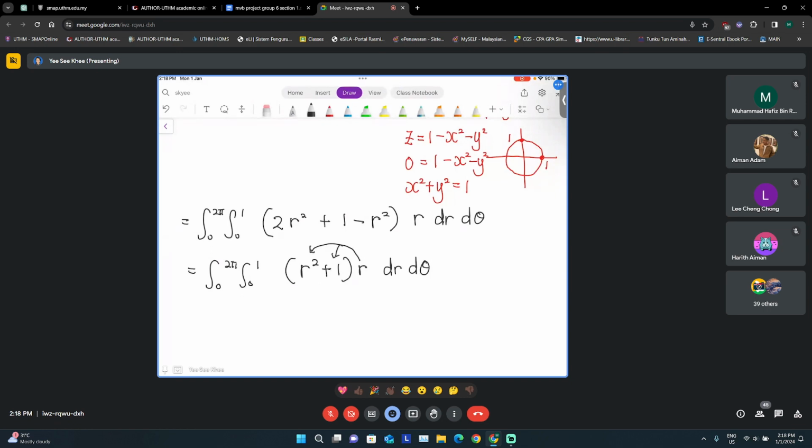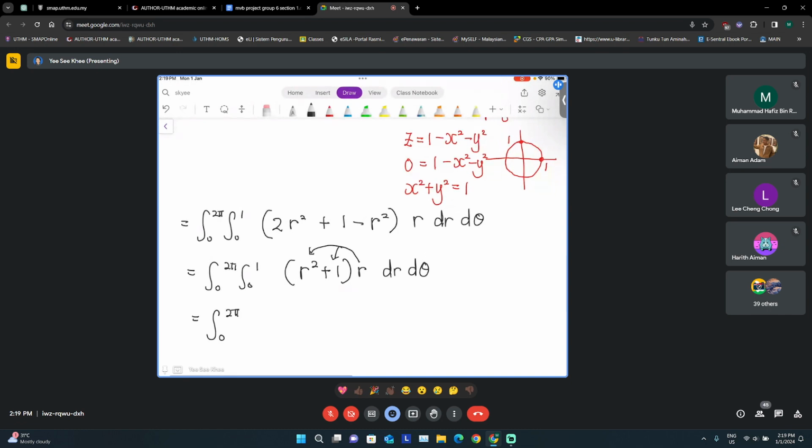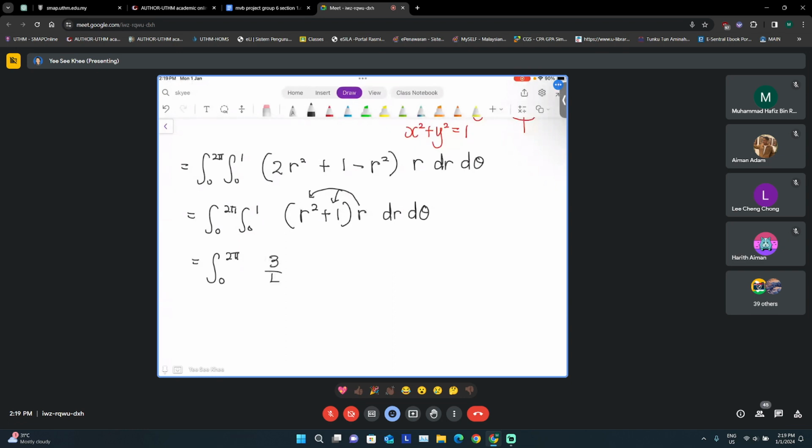If you don't want to multiply it inside and want to straight away press the calculator, also no problem. So for this part, you will get your answer 3/4 d theta, and lastly it will be 3/2 pi.